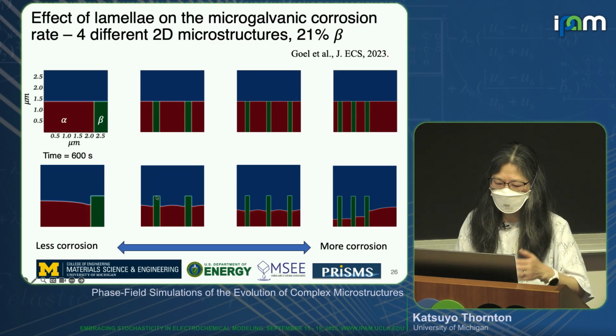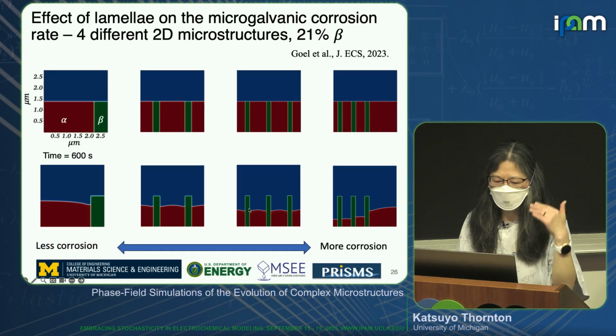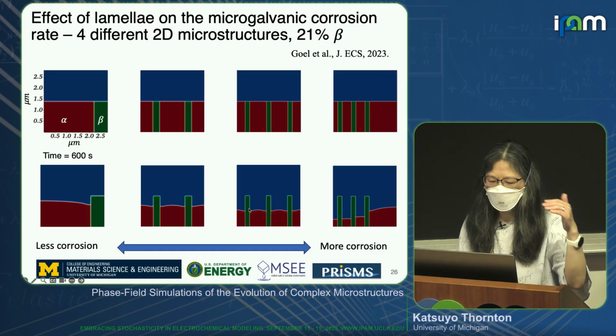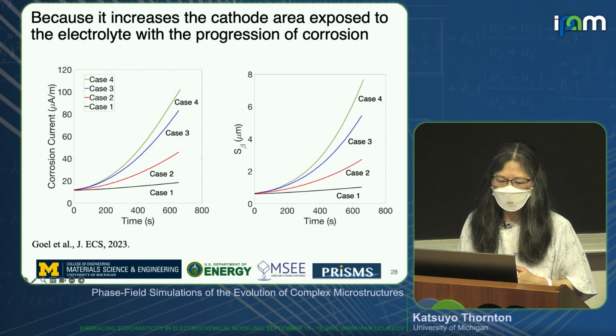So there's more cathodic area. And then as this interface goes down, you have more of these, right? And then the finer they are, the more of those lamellas you have at the same amount of corrosion. So that's what we are seeing here.